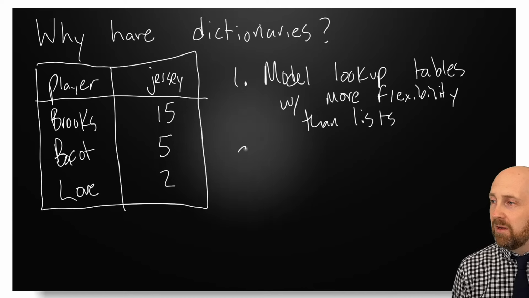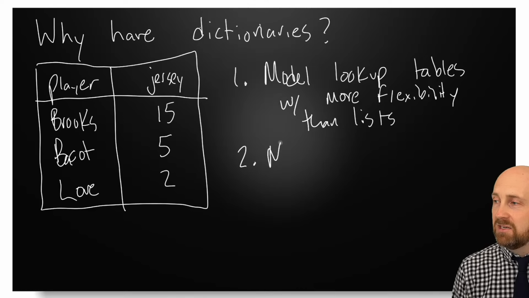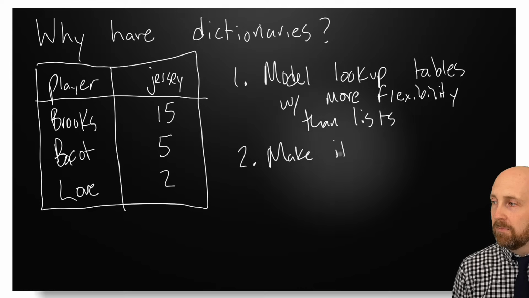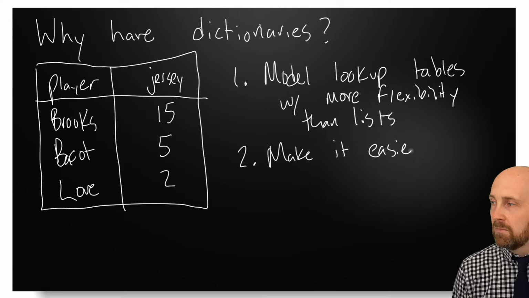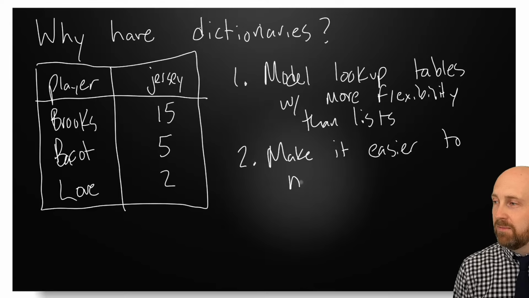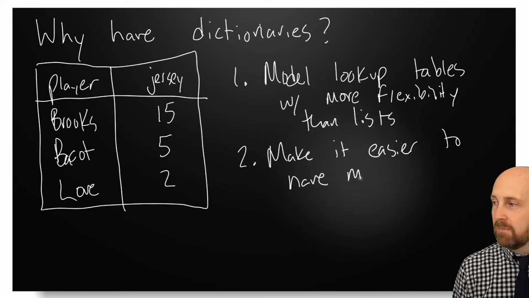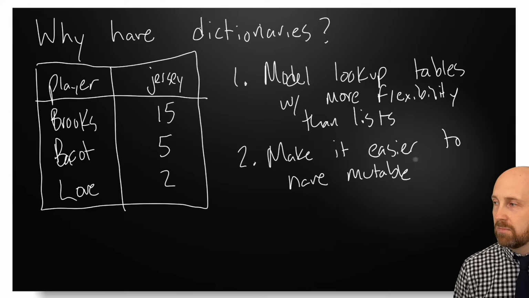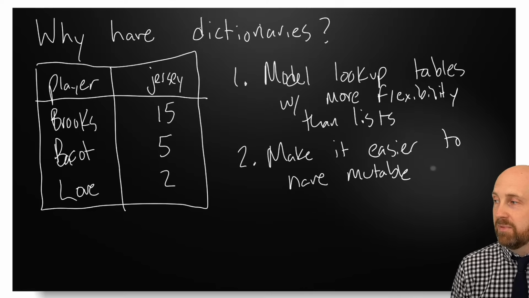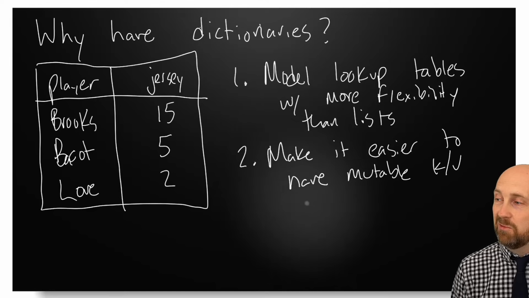So dictionaries make it easier to have mutable key value pairs. So you're going to hear me say the words key value pairs, and I'll come back to describe what this means in more detail soon, right?